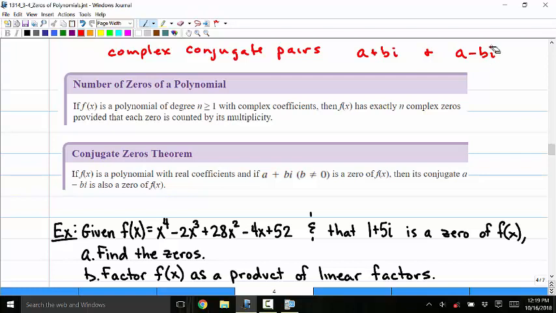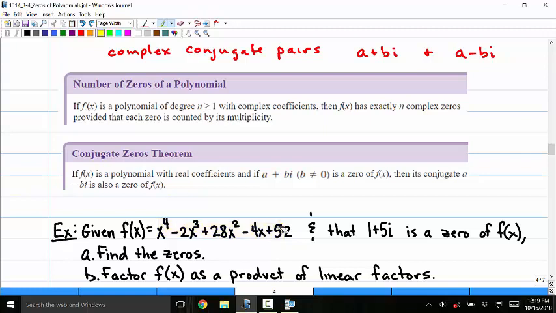The next example says, given this polynomial, and you know that 1 plus 5i is a 0, can you immediately give me another 0? They have to come in complex conjugate pairs.